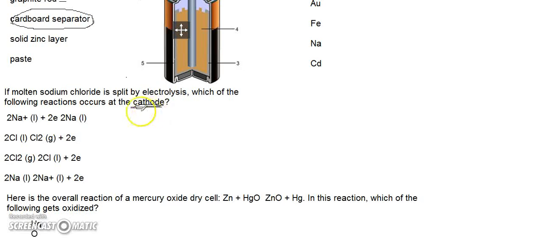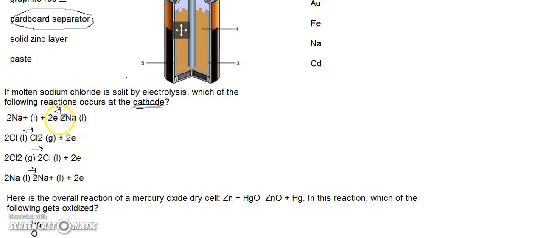And so if I know that reduction occurs at the cathode, I can look at my answer choices and just pick out the ones that are reduction reactions. Once you remember that reduction occurs at the cathode and oxidation occurs at the anode, then it becomes a simple matter of finding the reduction reaction in our answer choices. When I copied these over, unfortunately, the arrows didn't copy, and so I drew them in here.